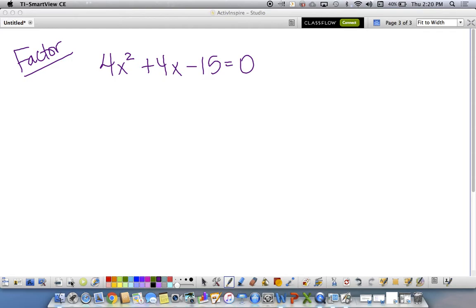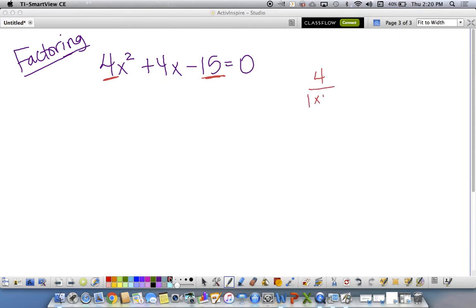Okay? Now, factoring. Root word is factor or factors. Okay? You are looking, when there's numbers that's an A and a C, I personally list all the factors of both of these. Okay? So I'm going to go to 4, and I'm going to list all the factors of 4. Okay?